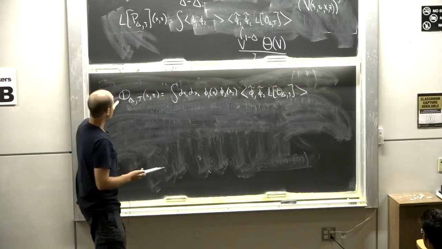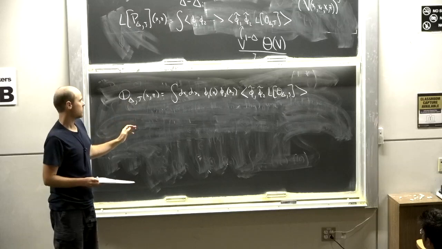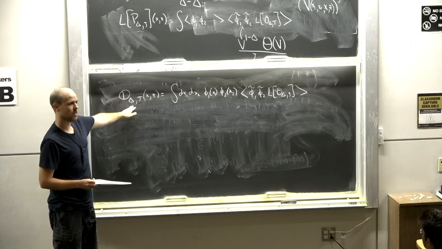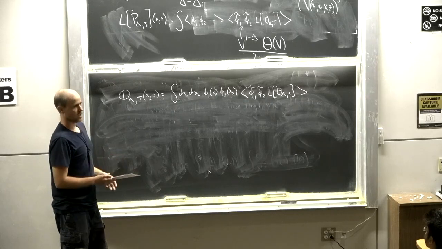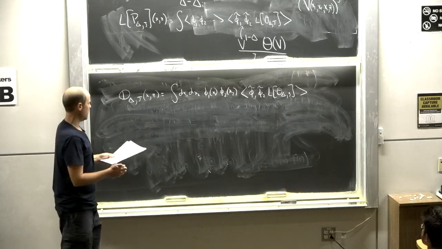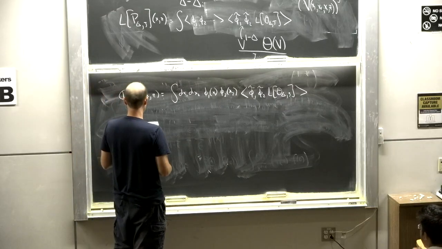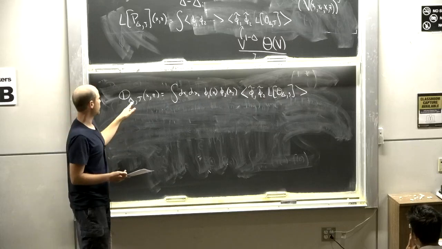By construction, this has the property that when j is an integer, it gives the light transform of local operators. At least it has poles in delta that encode those light transforms of local operators. And by construction, it's analytic in spin. So this is like a package of light ray operators. They're packaged together into a function of delta.